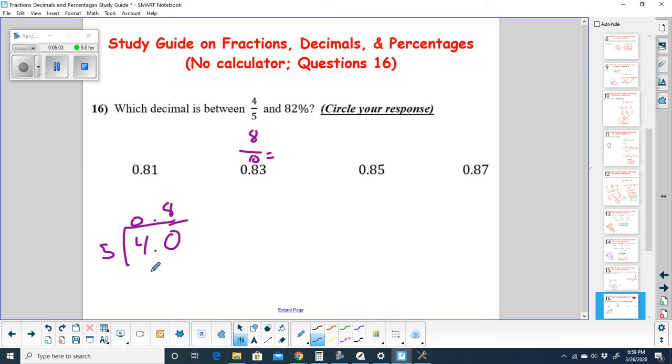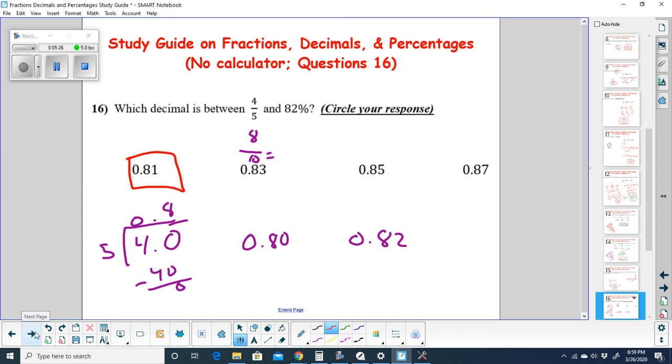So 8 times 5 is 40, meaning 0.80 is the lower end, and then 82% is 0.82. So we're looking for a number that's going to be in between these two, and the only one I see up there that's in between these two is this first answer choice, 0.81.